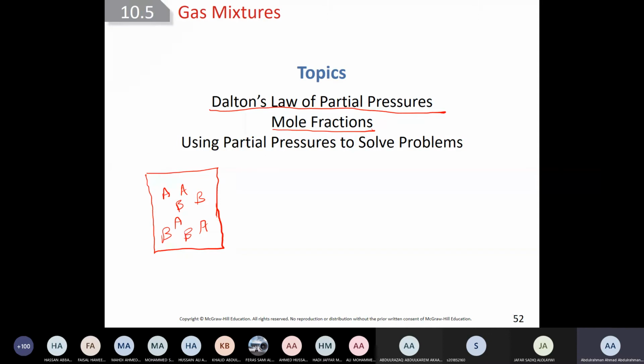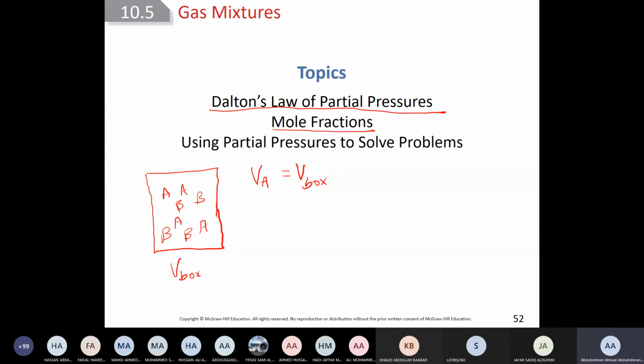Then what's the volume? Let's assume that the volume of this box is equal to our volume box. What's the volume of A? What's the volume of gas A only? Volume of box minus volume of B? No, it's the volume of the box, the whole box, because it's everywhere. Clear?